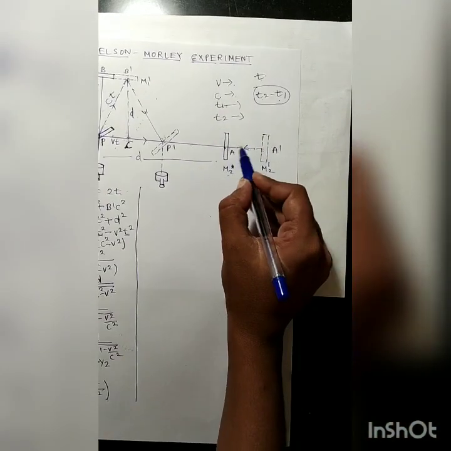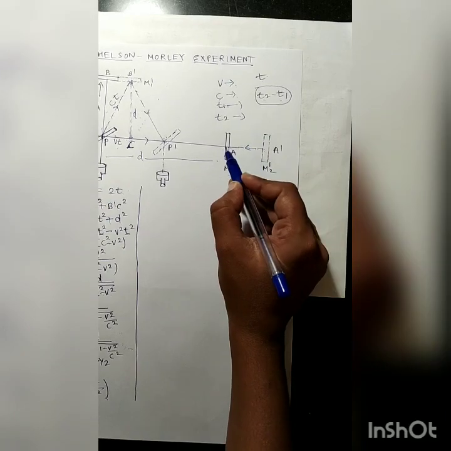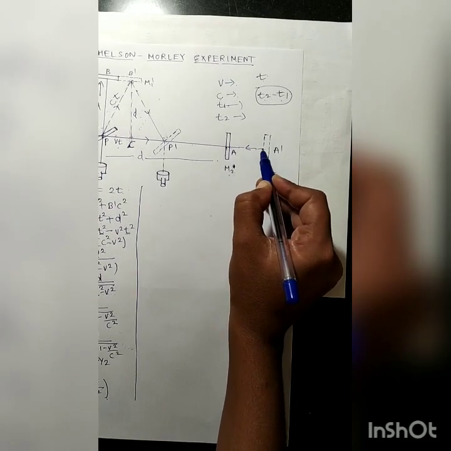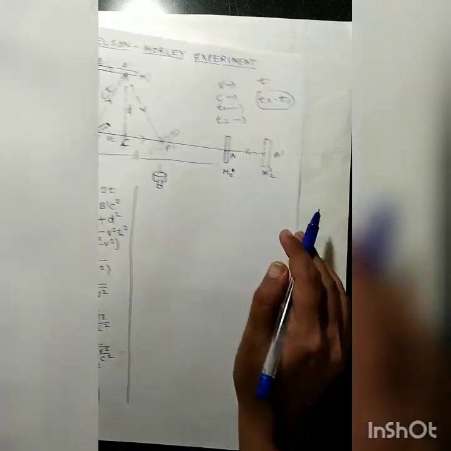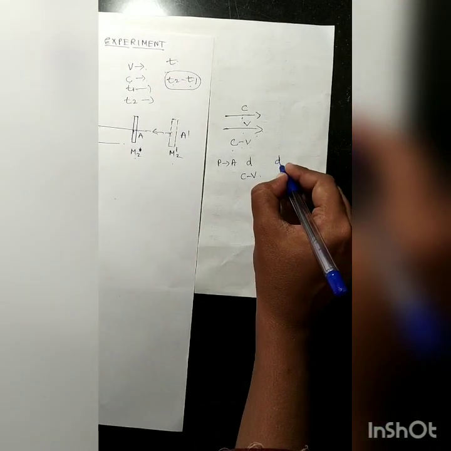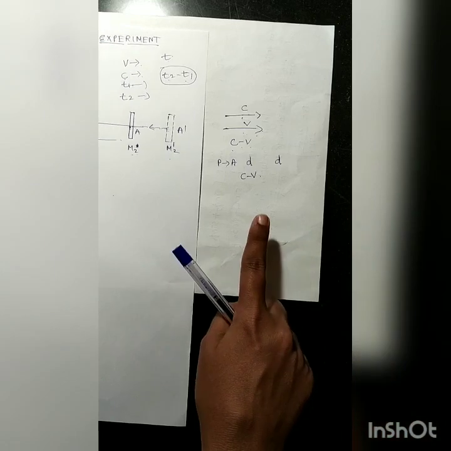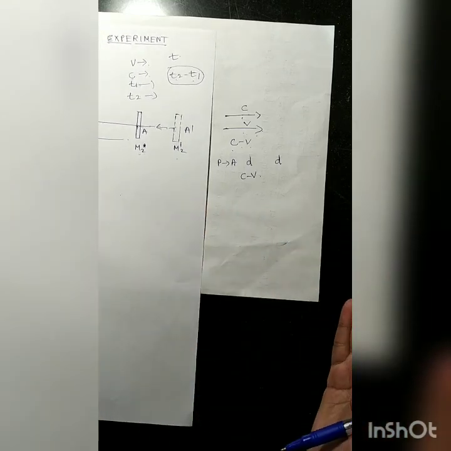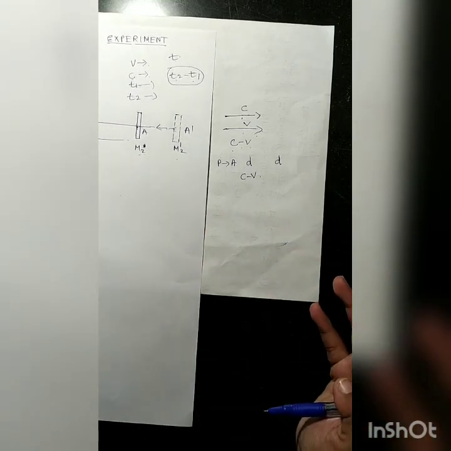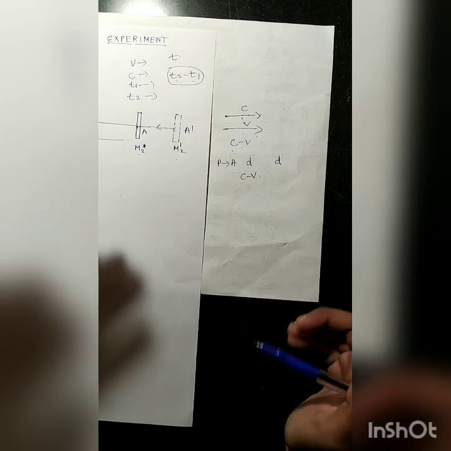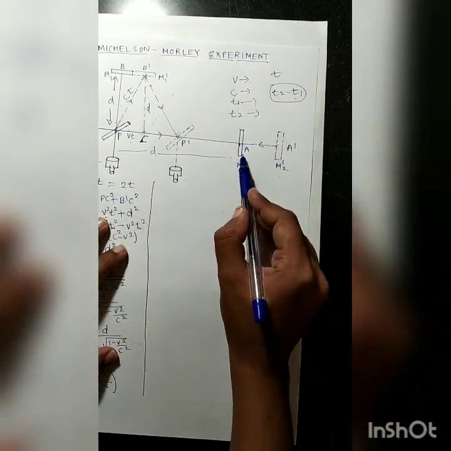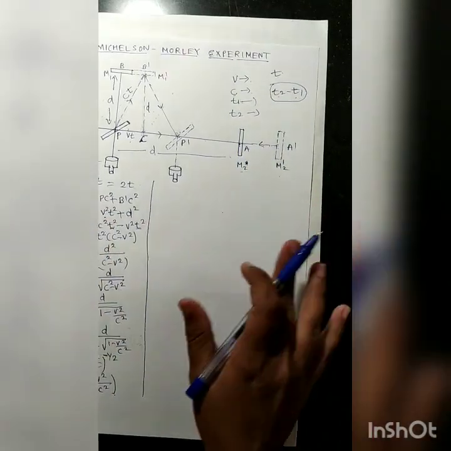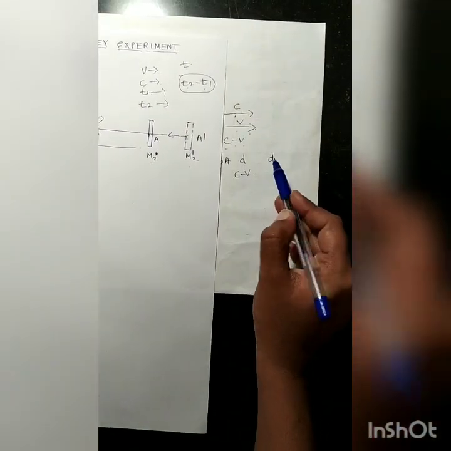But when it strikes, instead of A, it will strike A dash because of the movement, and it will return to P dash, covering the same distance. Because the mirror M2 is at distance D from the semi-silvered glass plate, when P displaces to P dash, at the same time A displaces to A dash. That's why they cover the same distance.